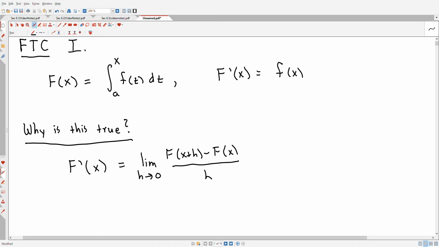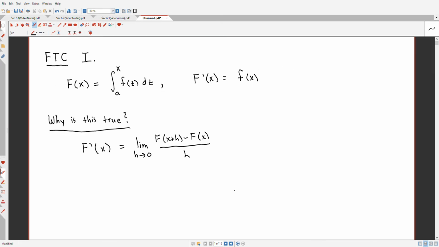I'm going to start looking at this expression, capital F of x. I'm going to look at capital F of x plus h. And so this will be the integral from a to this new number, x plus h, of little f. And, of course, capital F of x is just the integral from a to x of little f.